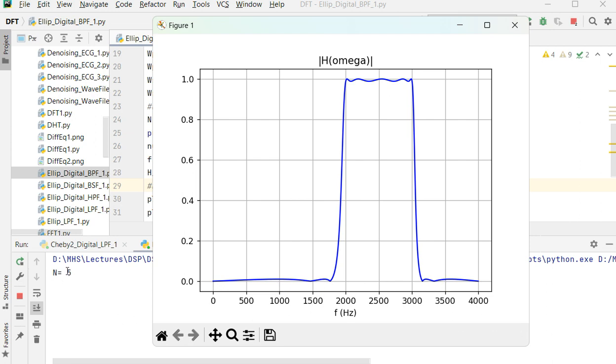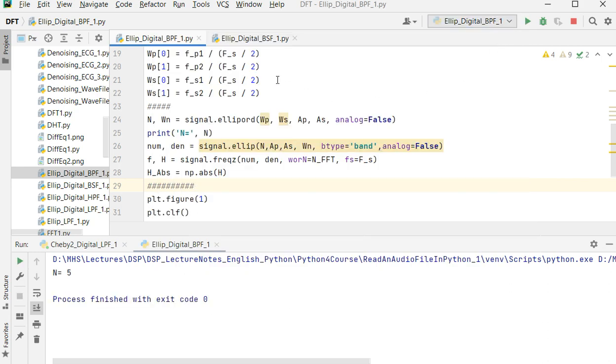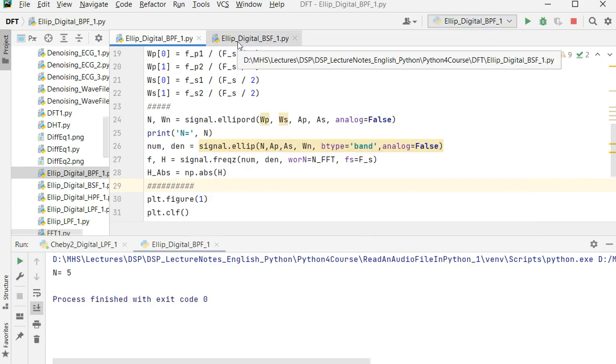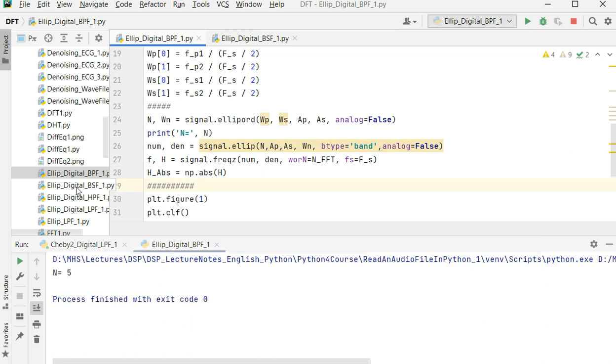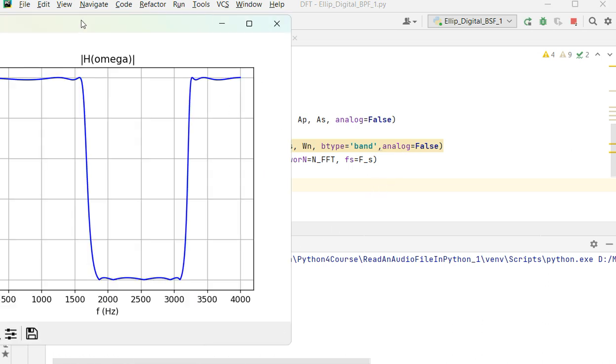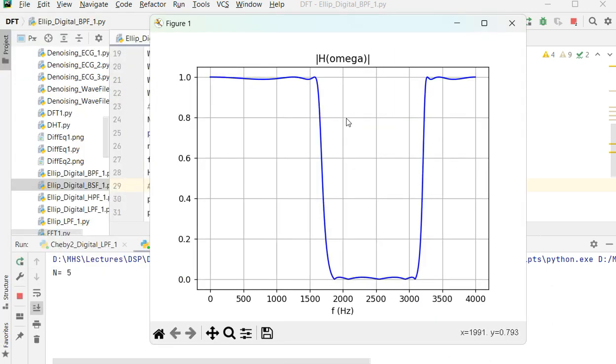Okay. And the degree of the filter here you see. Without going back to lecture note, let me run band stop as well. Okay. This is elliptic band stop filter. Okay. Band stop, ripple in the first and second passband.